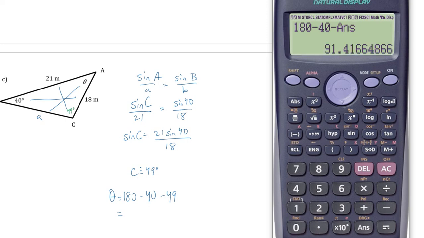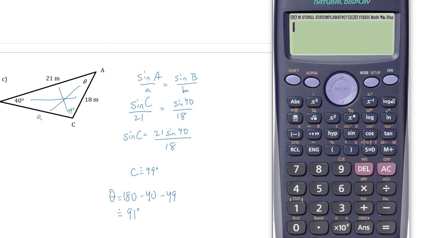So that equals 91. Now, because I'm just subtracting, that's going to give me the exact same answer as if I had just punched in 49. When I round, 91.4 rounds to 91, but there are situations where using a rounded answer won't give you the same answer. We did see that previously.